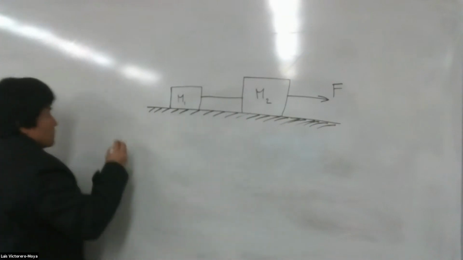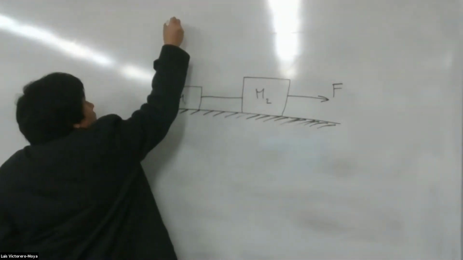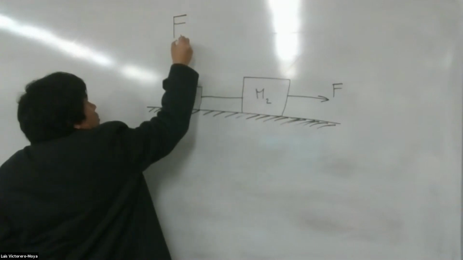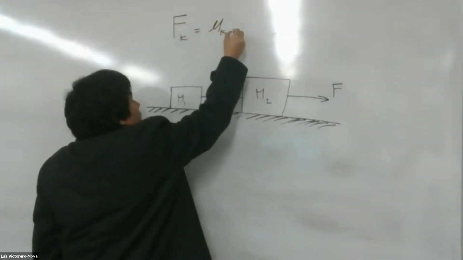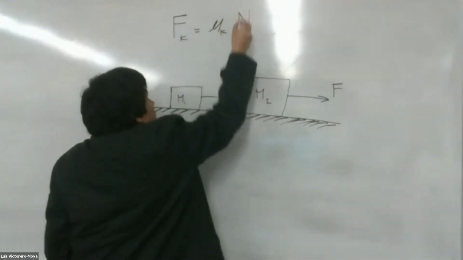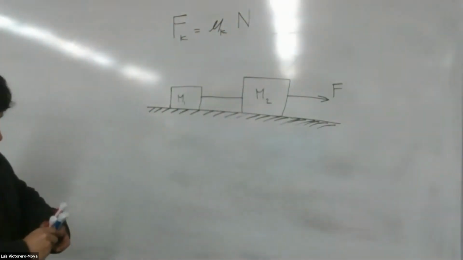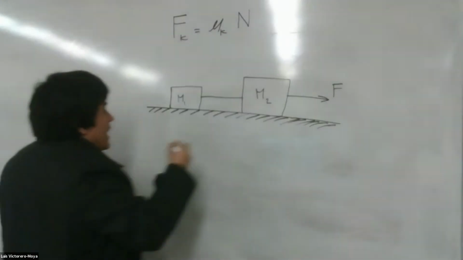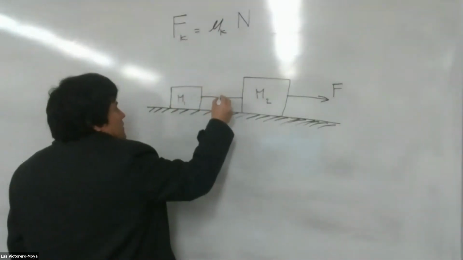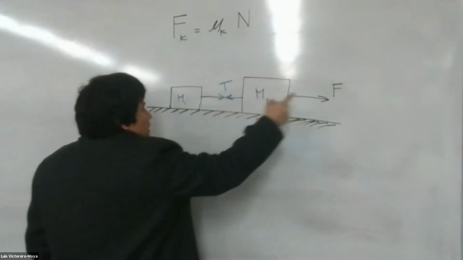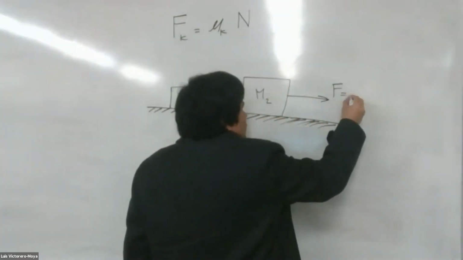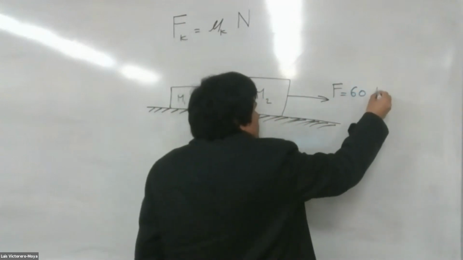The kinetic friction is equal to mu k times the normal. So when you do the forces diagram on this system, you will have the tension on the rope and that force, to which I'm going to give a value of 60 newtons.